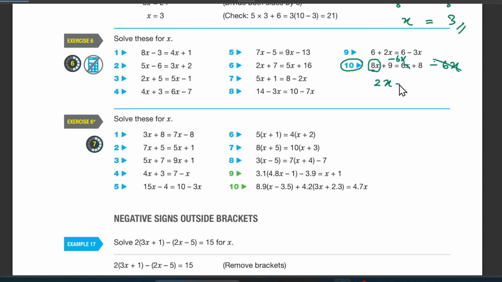And 2x plus 9 equals 8. Okay. So we have 9 here. To get rid of this 9, I subtract 9 from both sides. Okay. Then these two cancel out. 2x equals minus 1. So then again we have to get rid of this 2. To do that, I divide both sides by 2. So x equals minus 1 over 2.